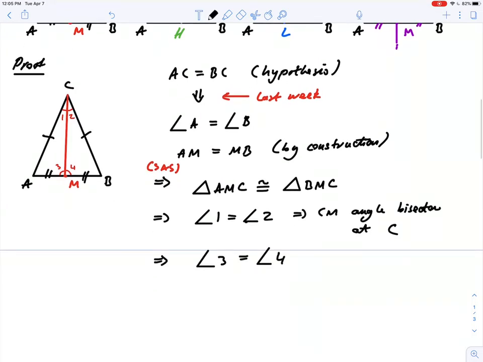But they're supplementary angles, remember, right? They form a linear pair if you want. So these guys are supplementary. So what does that guarantee? Well, if they're both the same, it guarantees they're both equal to 90.